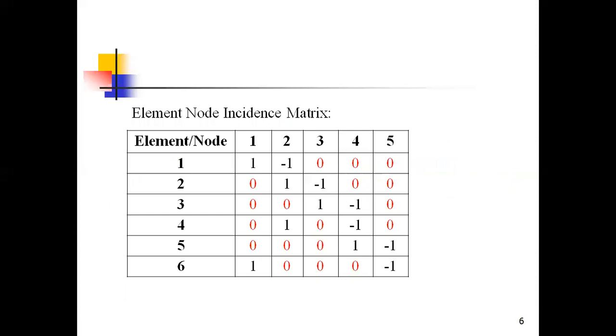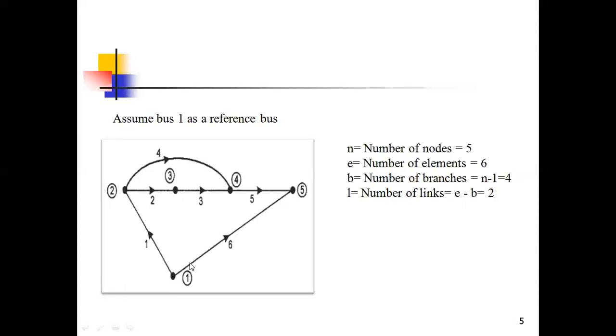Next we will calculate A augmented. We have reference node 1, and element number 1 is connected between 1 and 2. Element number 1 is directed away from this node, so it is 1, and it is coming towards this node, so it will be minus 1.